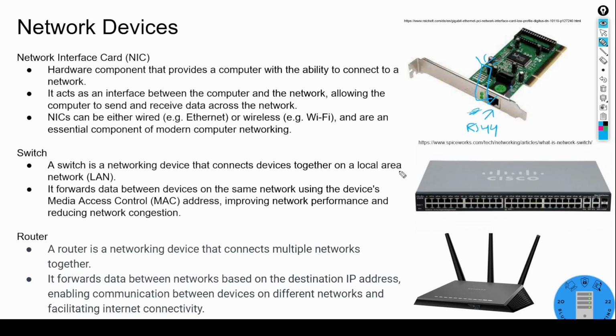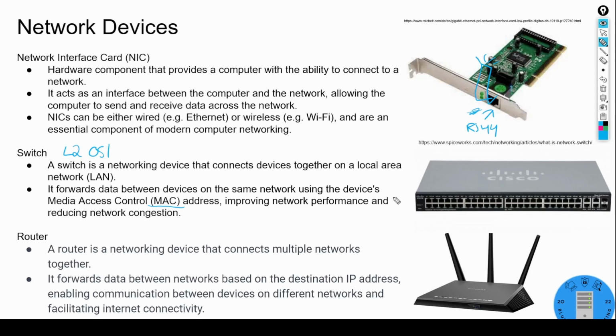Moving into another device you should be aware of is a switch. Again, we're thinking layer 2 of the OSI model, and whenever we think layer 2, we're thinking switches and MAC addresses. So what is a switch? It's a networking device that connects other devices together on a LAN. As we discovered, a LAN is just a local area network comprised of wherever you are local to that exchange of data.